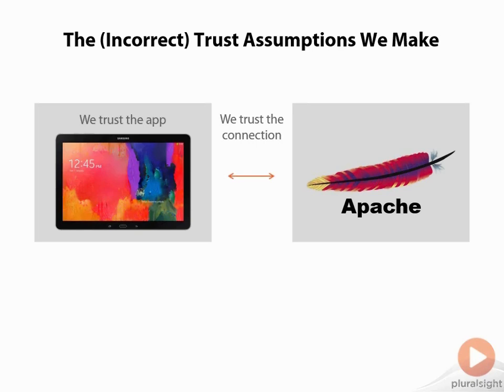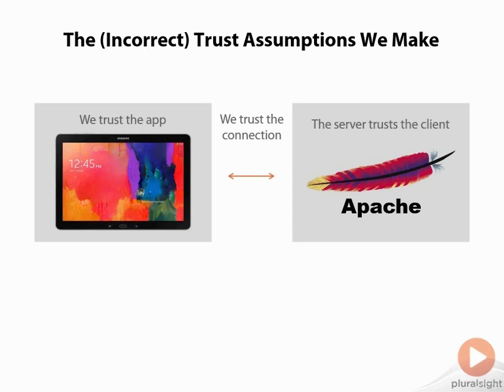Now, of course, we also build the API sitting on the web server, and we usually work with the assumption that that API running on the server can trust the client. We assume that it's only going to be requested in the way we designed it with the parameters that the app can send to it.